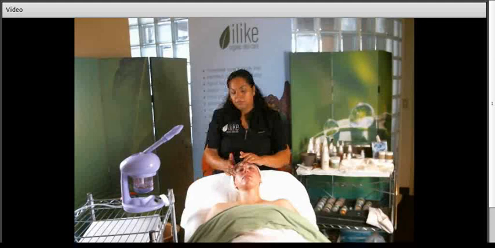Here we're massaging the neck, the trapezius muscle, and the levator scapula.